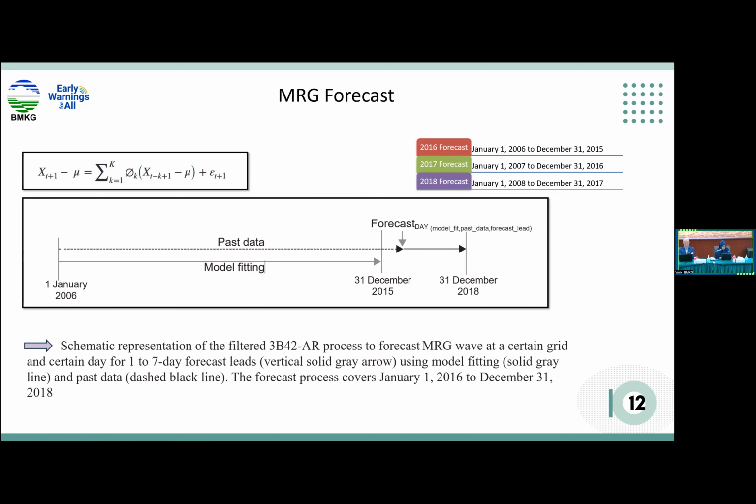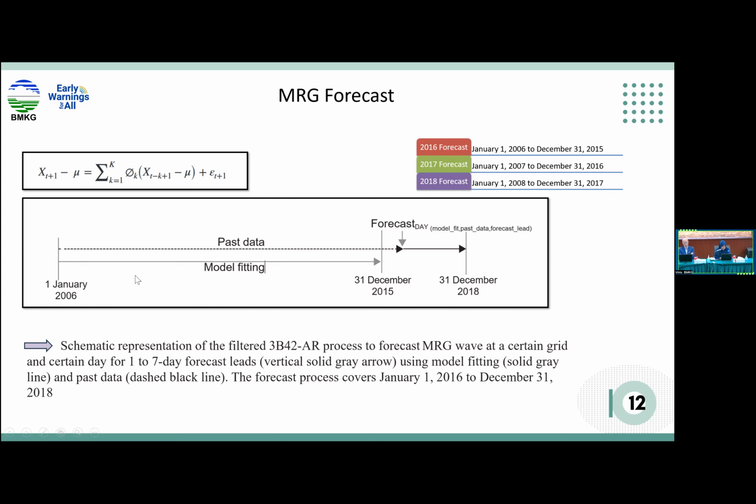So we compare the result from autoregressive mode 1 with mode 2, and we found that autoregressive mode 2 gives a better result than autoregressive mode 1. So this is the equation for autoregressive, and this is the flow diagram of how I calculate the forecast.